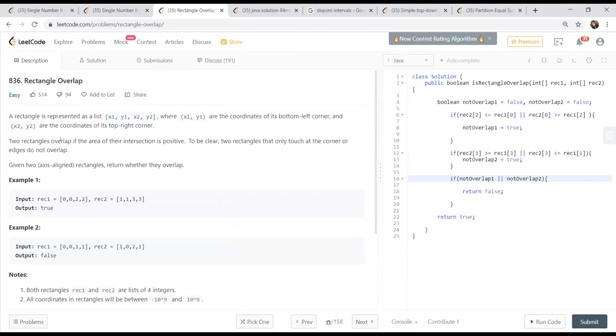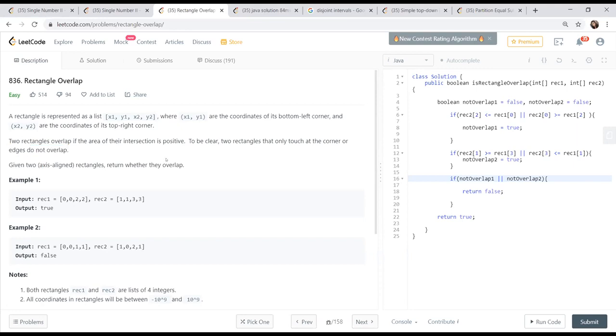Overlap means if one rectangle is inside the other rectangle or covering half of the rectangle, which is called an overlap. And one more thing, it is also mentioned that two rectangles that only touch at the corner or edges do not overlap.